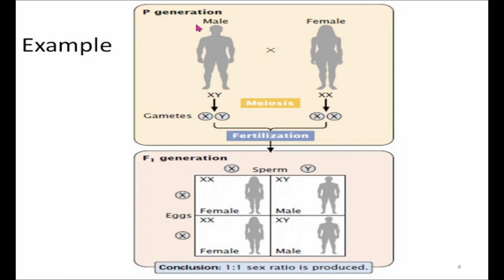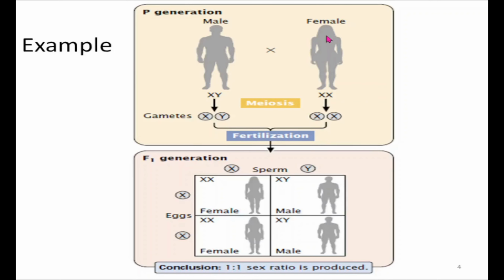For example, let's say this couple are the parents of some children. During gamete formation, from the male, the chromosomes will be the X and Y chromosomes, which are the sex chromosomes.